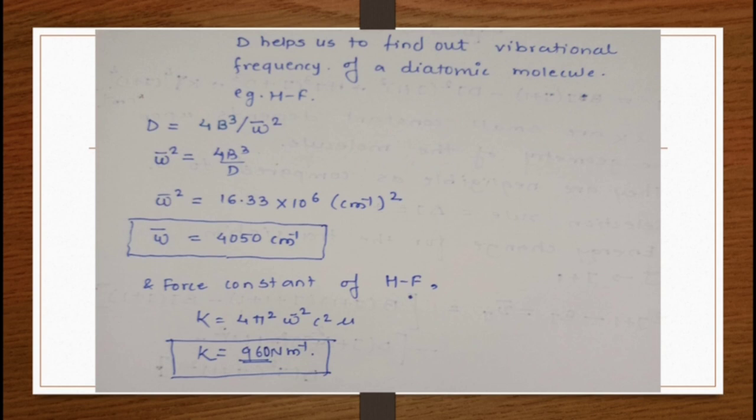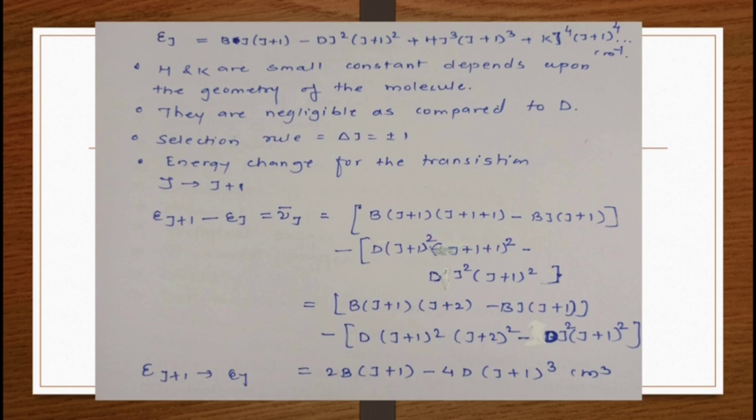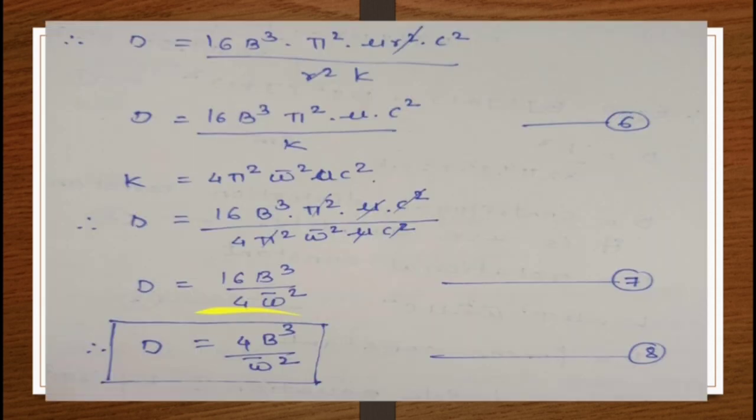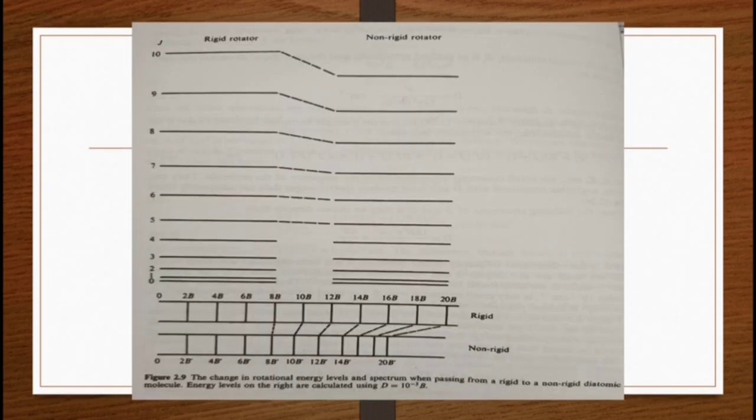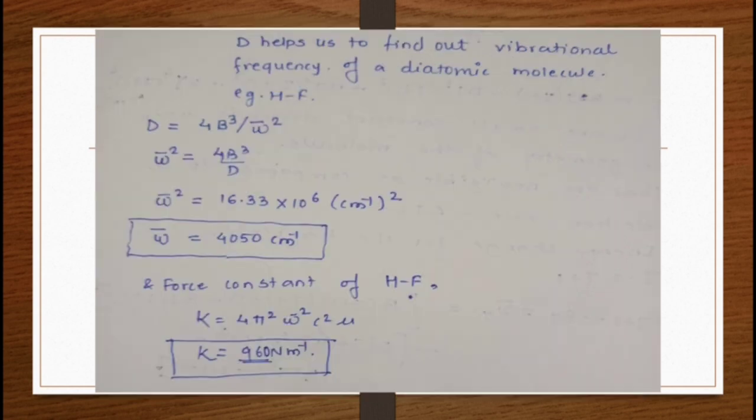Now we have to find the D value or the omega bar value. Here we have used this equation to find the D value. D helps us find the vibrational frequency of a diatomic molecule. So consider the HF molecule.